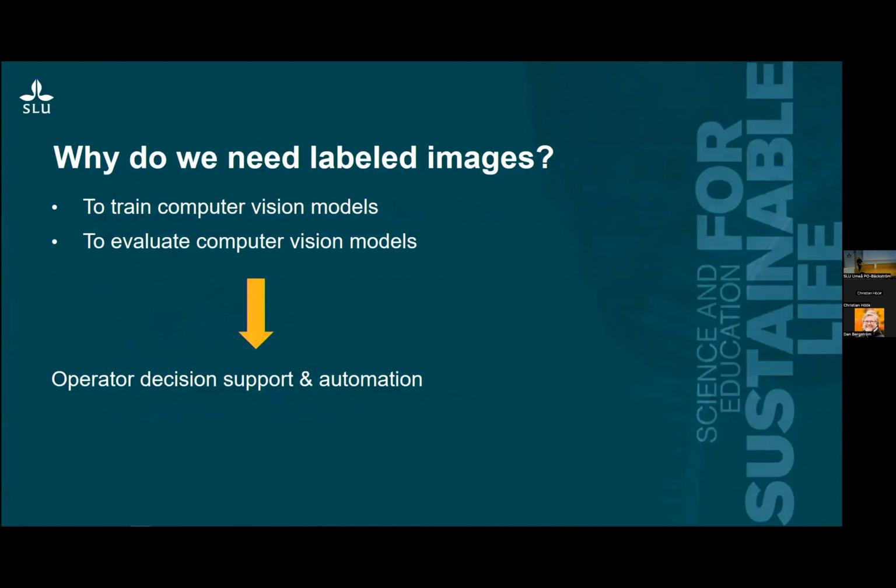And why do we need to bring our own data? A computer vision model needs images to be trained on and to be evaluated on. Image data is domain specific, and since there is a lack of image datasets from the forest, that's what I'm trying to fix a bit.